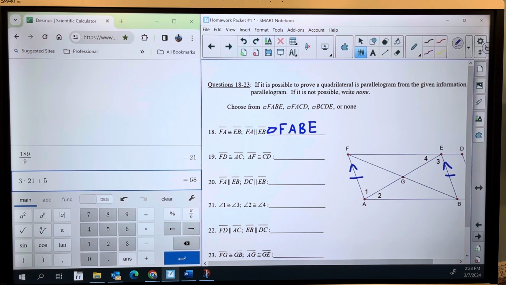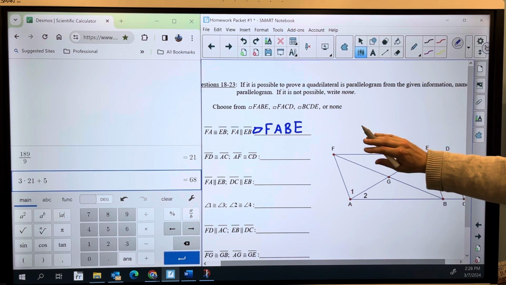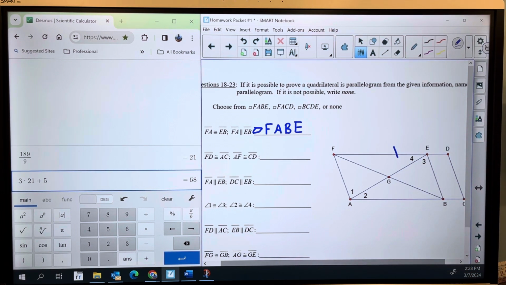Number 19. So I'm going to clear the drawing like that. All right, now it says FD. Okay, so I'm going to go over here. FD, and I want to make sure I'm talking about that whole thing. AC, that whole thing right there. And AF, right there. And CD, so that whole thing right there. Yep, there we go.